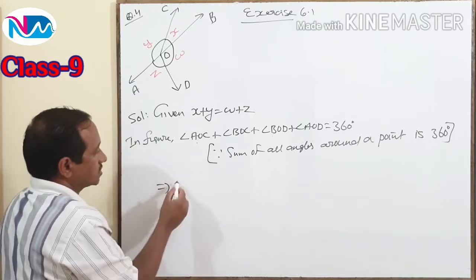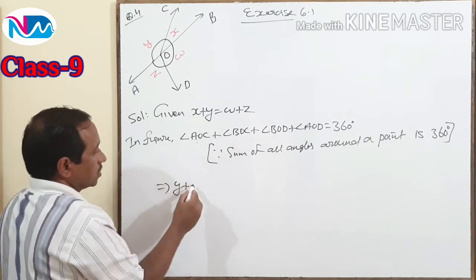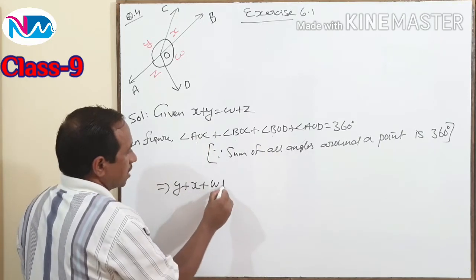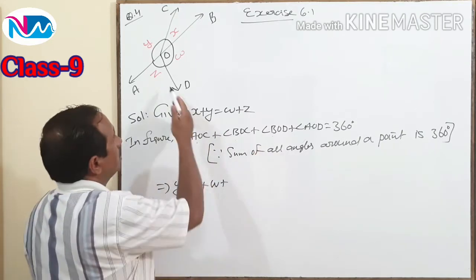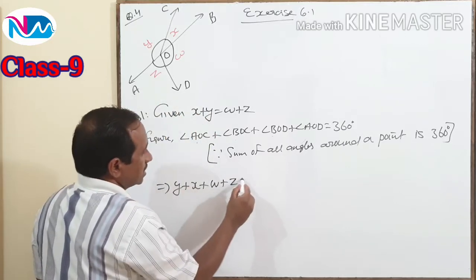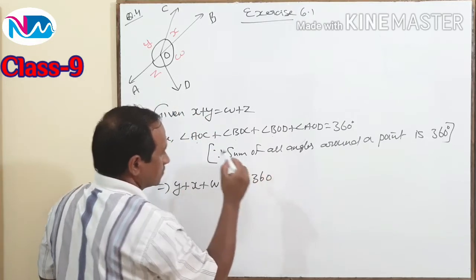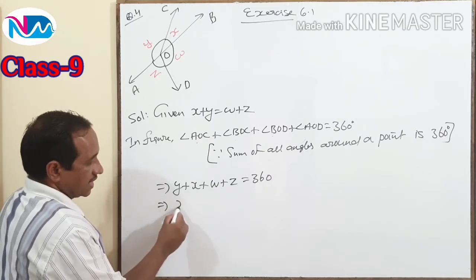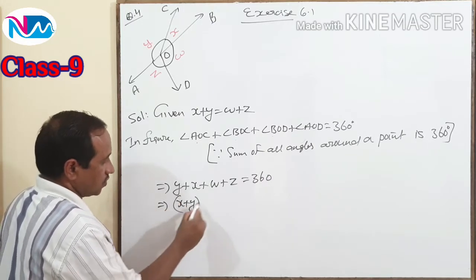Here, AOC means y, BOC is x, BOD is w, and AOD is z, so y plus x plus w plus z is equal to 360. Here, y plus x means it is simply x plus y.